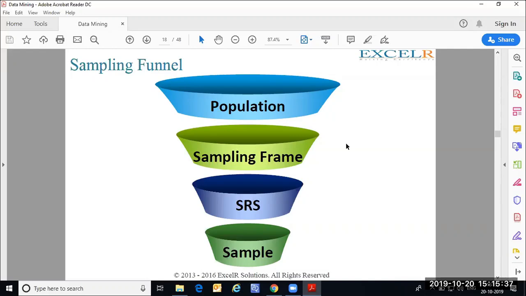Based on the reliability of the firm, we pay attention to the results that the exit polls publish.